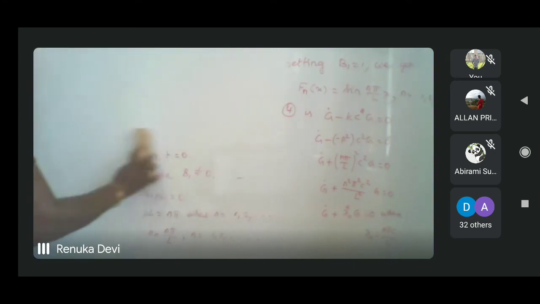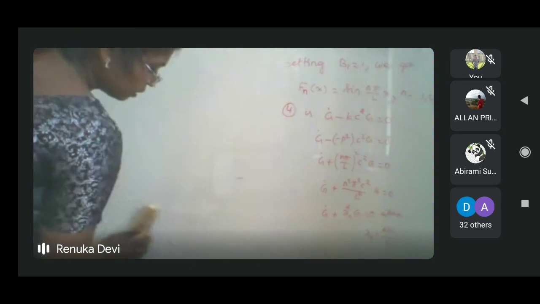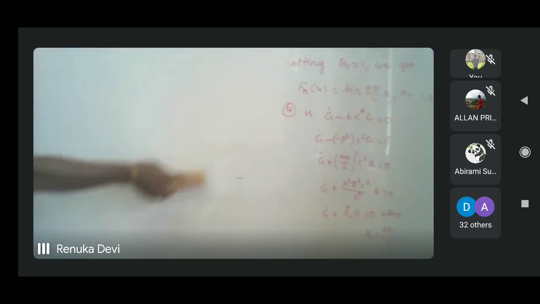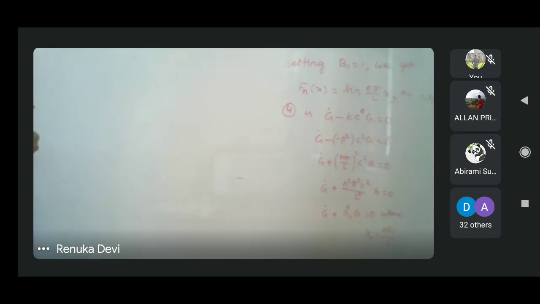So we have found the solution for f. Similarly, we have to find the value of g also.